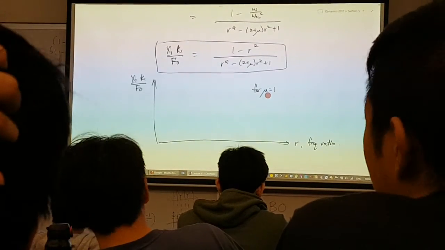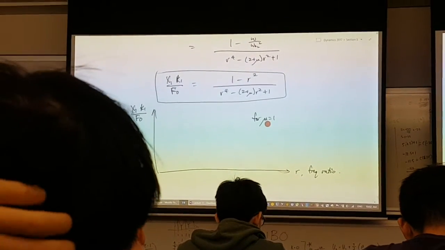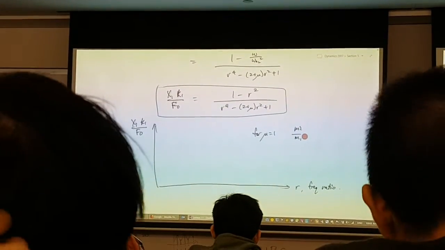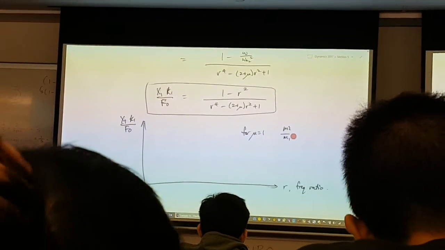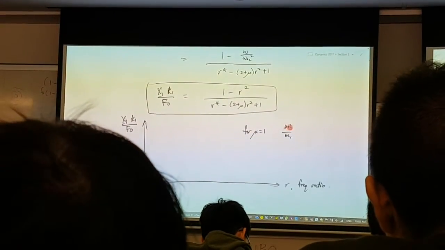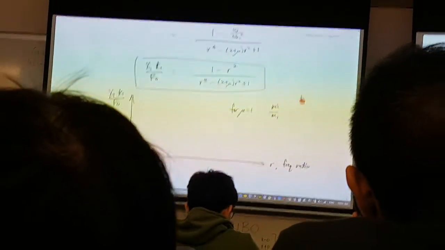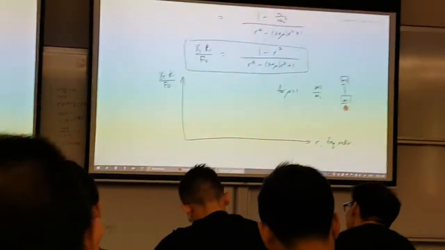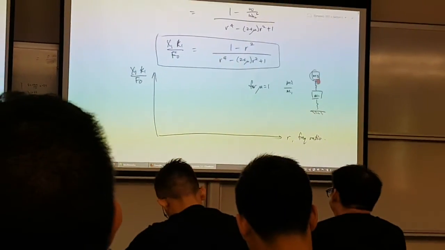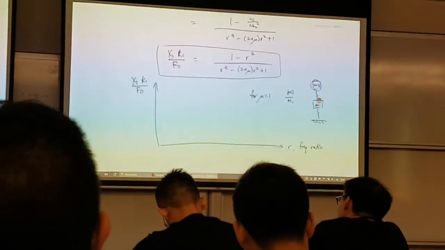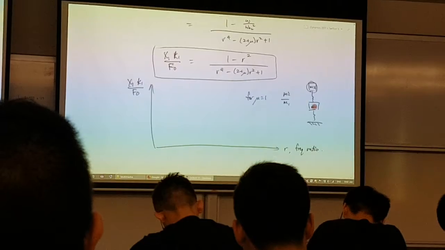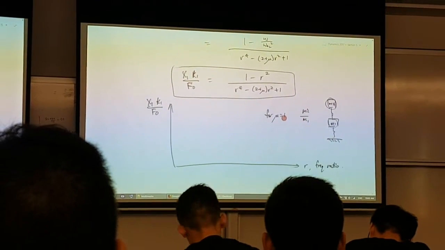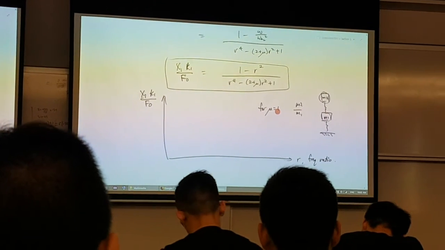The mass ratio, just now, was your m2 over m1. The mass at the top is your m2 connected to m1. How big is this value? If these two masses are of the same value, then mu is equal to 1. So we are looking at that case now.